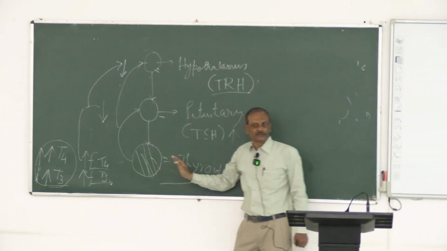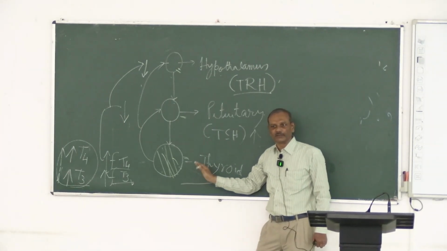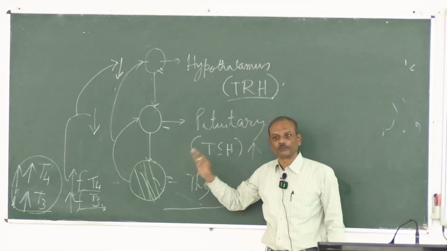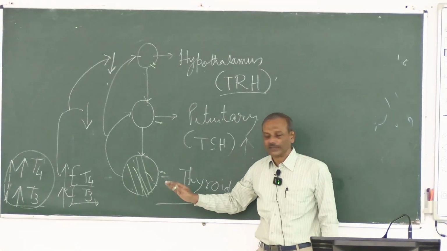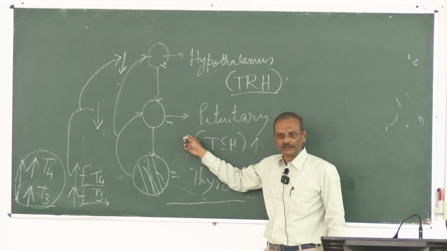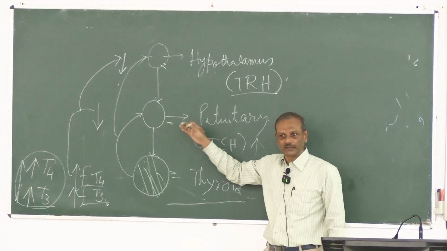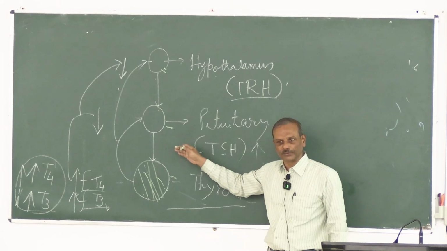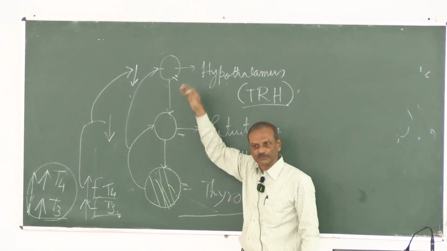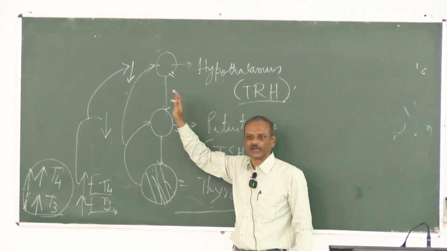If the disease is primarily involving the thyroid gland, it is called primary hypothyroidism. If the disease is at the pituitary level, that is secondary hypothyroidism. If it is at the hypothalamic level, that is called tertiary hypothyroidism.